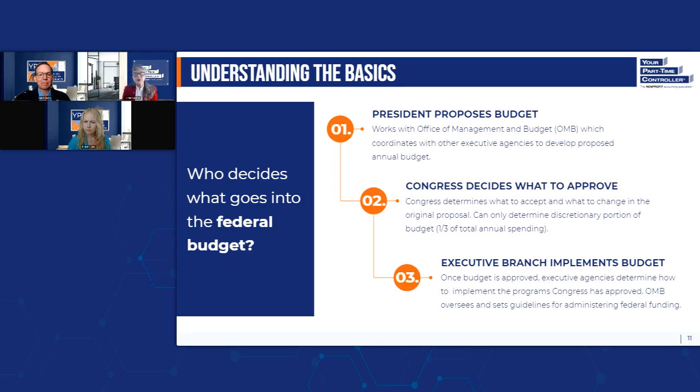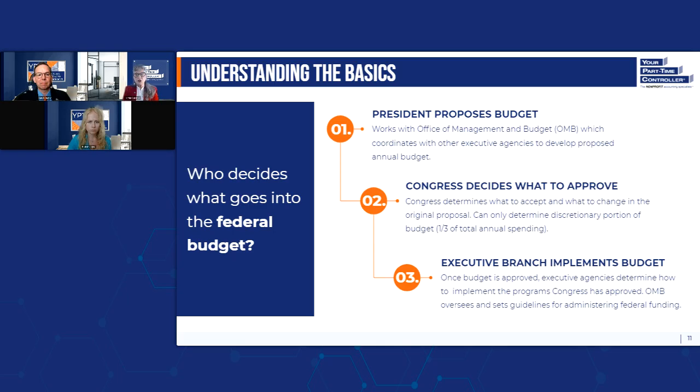And it is Congress that decides what to accept in that budget, what to change, what to possibly eliminate. But keep in mind, they're only working with maybe just under a third of total government spending, because the majority of it is mandatory appropriations, the largest being Social Security benefits, Medicare and Medicaid, and some other mandatory programs.